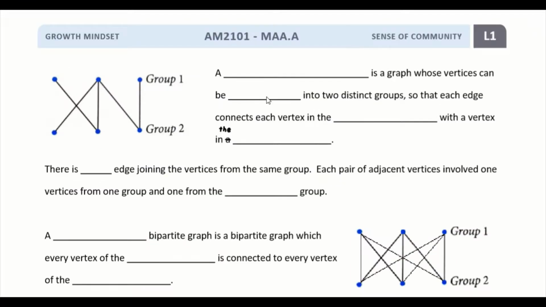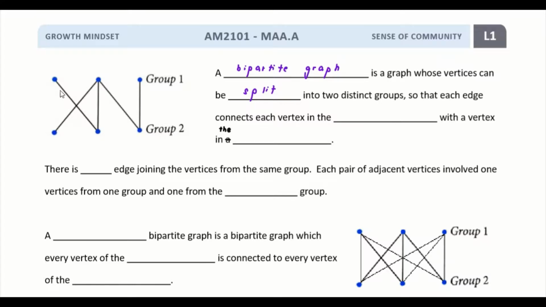The next special type of graph that we'll be looking at is called a bipartite graph. It is a graph where all the vertices can be split into two distinct groups. As you can see in this example, the vertices are grouped into group 1 and group 2. These three vertices are under group 1 and this one under group 2.